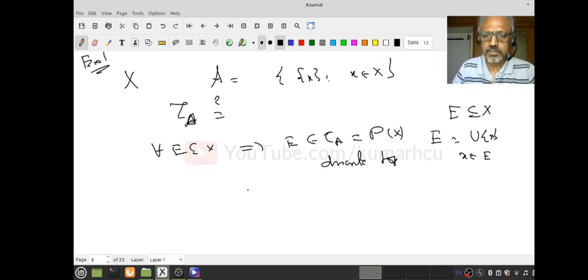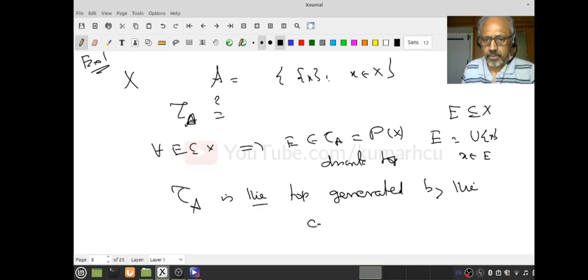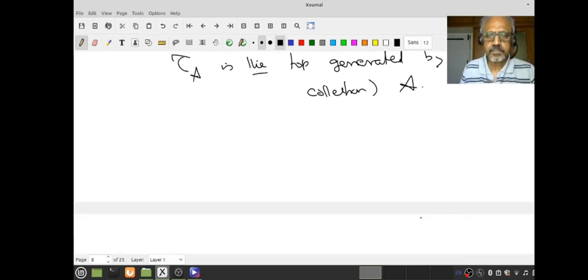So we call this tau A the topology generated by the collection A. Yeah, let's look at a second example.